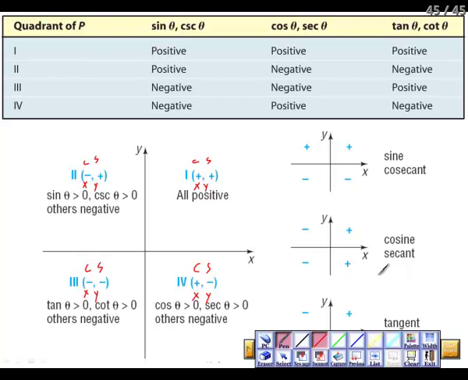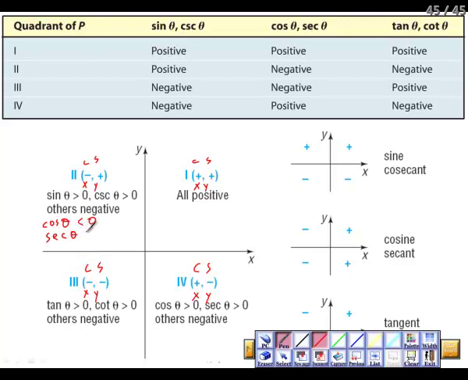And so in this case, if sine is positive, its reciprocal cosecant is also going to be positive. Here, cosine theta is negative, and so its reciprocal secant is also negative.